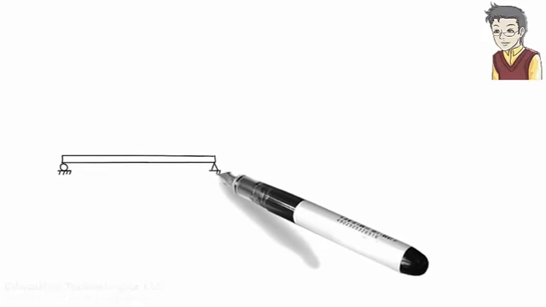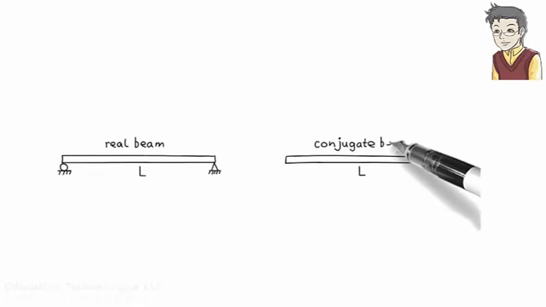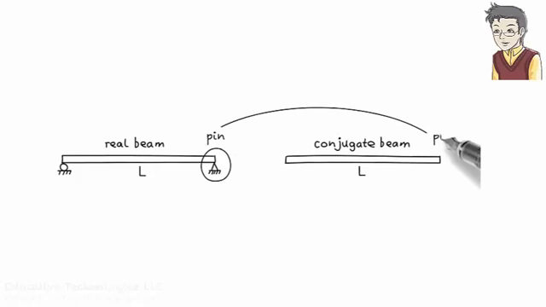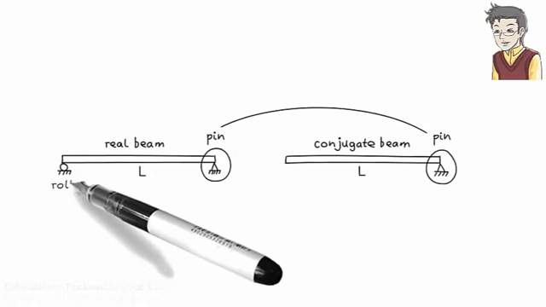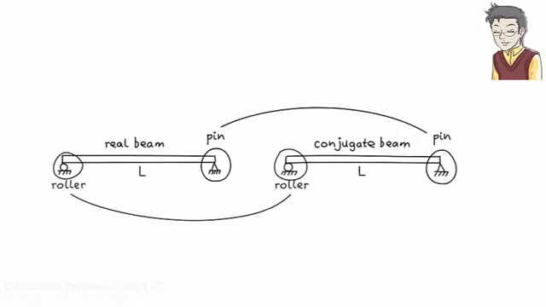The only support type that produces a non-zero shear and moment is a fixed support. What if the real beam rests on a pin or a roller? What would be the corresponding support type in the conjugate beam? Well, that depends on the location of the support. If the pin or the roller is an end support, then the corresponding support in the conjugate beam is also going to be a pin or roller. Why?